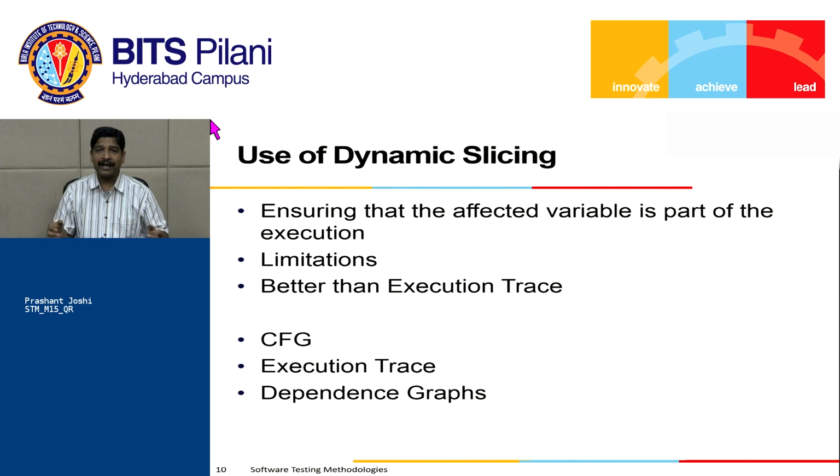We also are looking at affected variable pieces, which we looked at during define and use. That could be taken in as a part of execution. Thus, from point A to point B, if I've made changes and affected variables are being looked at, knowing that they are getting affected in the manner that they should be because of the change will ensure that we do not have buggy code.